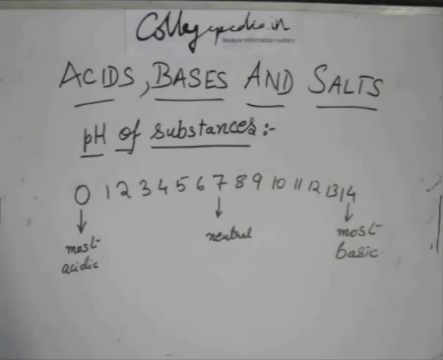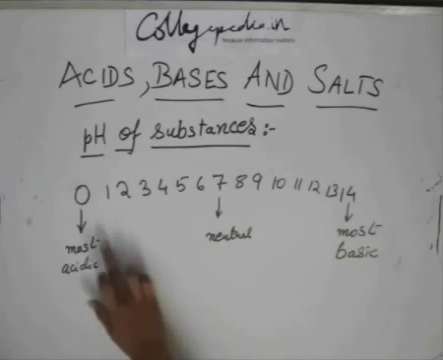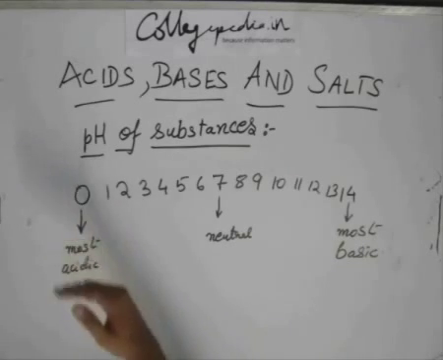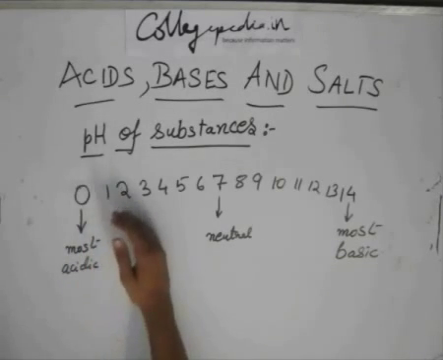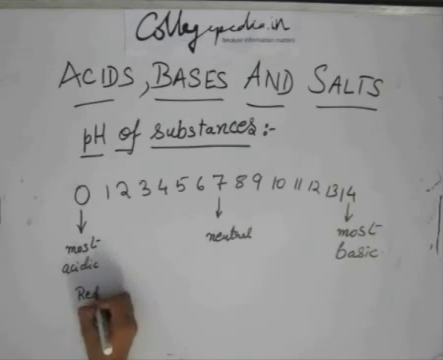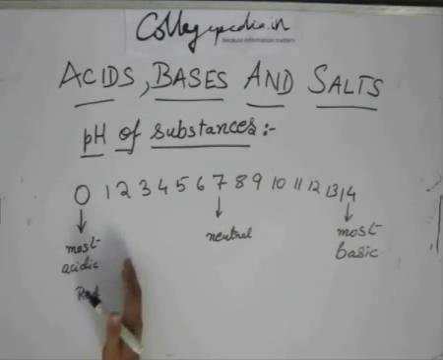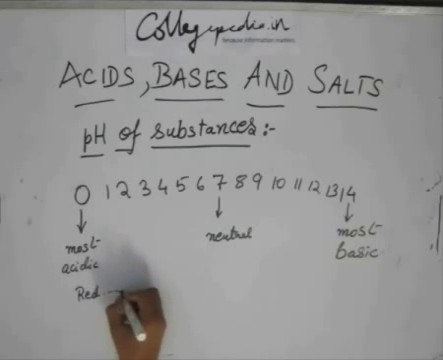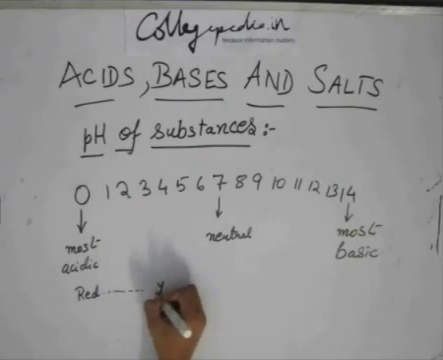So this pH paper which you have has 14 different colors. If you dip it in a substance, it will show one of the 14 colors, and by that color you can recognize the pH, as there is a specific color corresponding to a specific pH. For 0 it is totally red, and the red becomes fainter and fainter, and by the time it reaches 4 it becomes yellow.